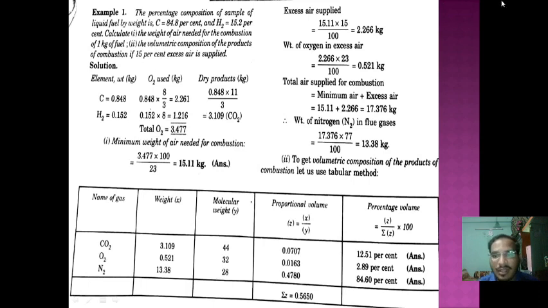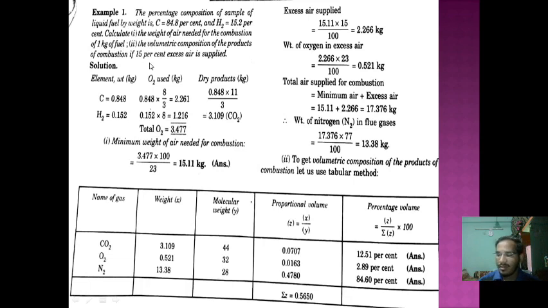Here we use 77 by 100, then the value becomes 13.8. These are the weights we calculated for the air needed for the combustion of 1 kg of fuel.